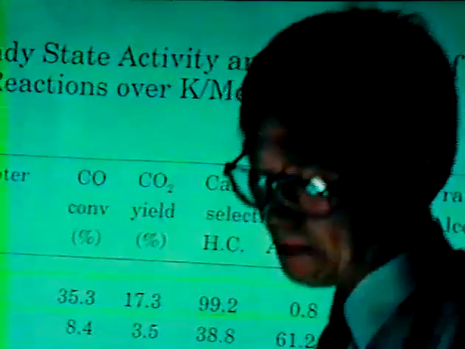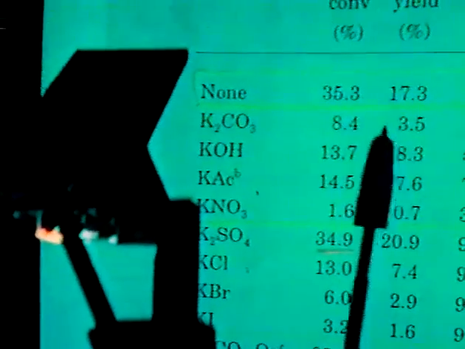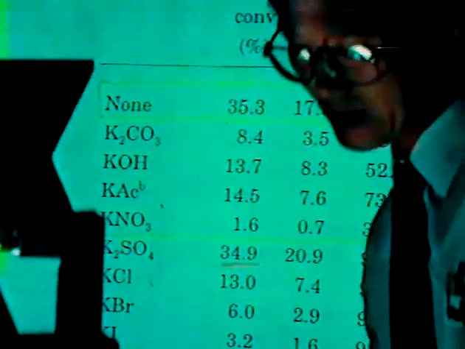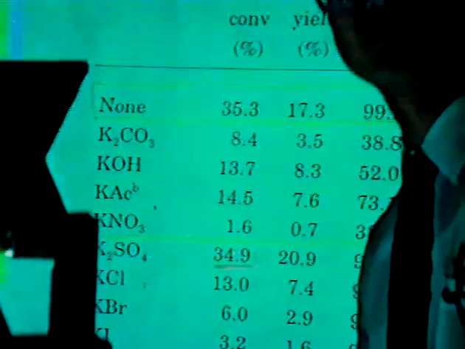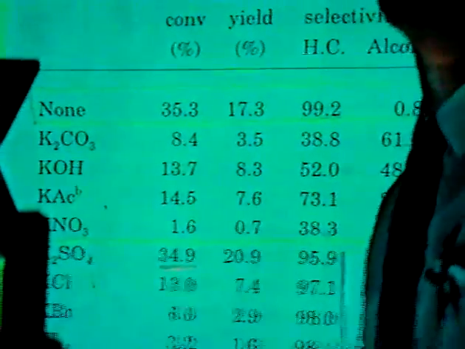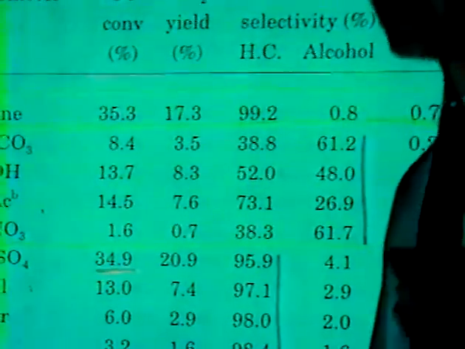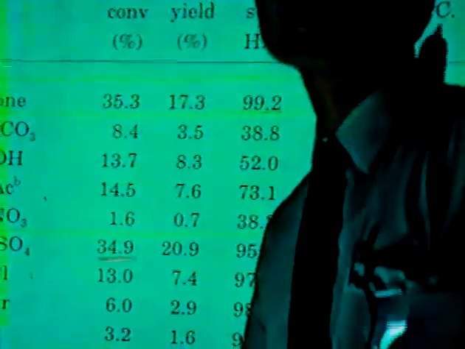The unpromoted molybdenum sulfide produced mostly hydrocarbons with very little alcohol. The C2 plus, namely the fraction of product heavier than C2 versus methane, was 0.72.